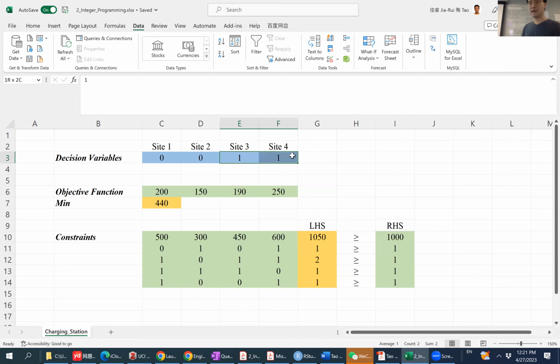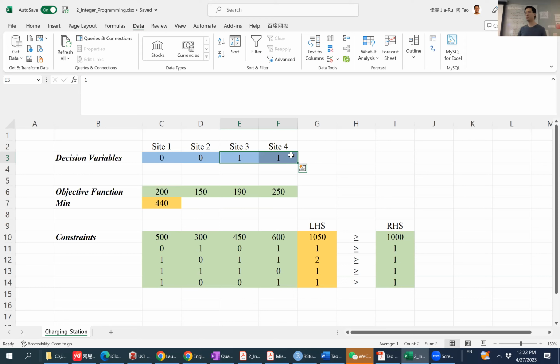So here, as you can see from Excel, it claims that to reach the optimal minimized total cost, we need to build stations at site 3 and 4, but not at site 1 or 2. So the solution is that x1 equals 0, x2 equals 0, x3 equals 1, and x4 equals 1.